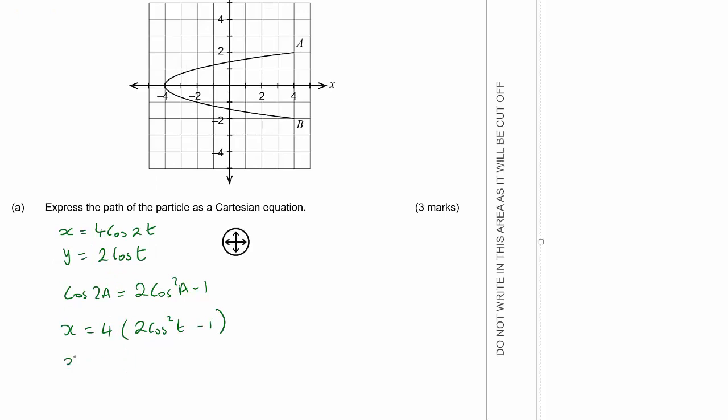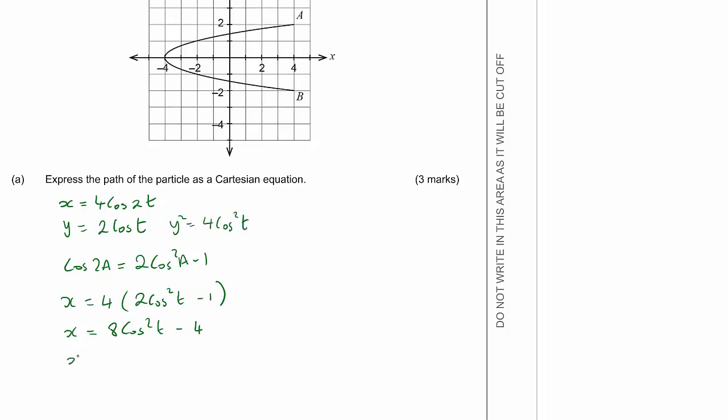So that means that x is equal to 8 cos squared t take away 4. Now y squared is 4 cos squared t. So x is going to be 2y squared take away 4.